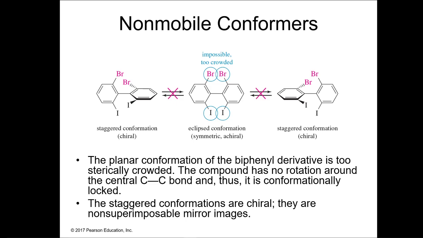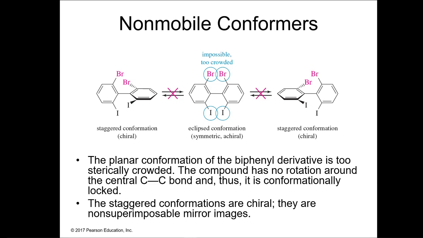Now, these are fringe cases, so I don't want you to worry about this too much. It's just important to understand that you could run into a ring system that is chiral, but because it interconverts so fast, it's essentially achiral. And you can also run into a conformer that could be achiral, but due to steric constraints, it's going to be chiral.